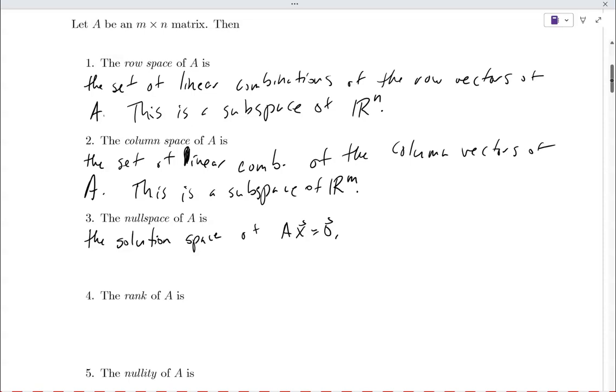Where does this one live? Well, if my A is M by N, what size does your X have to have? N by 1, right? It's a column vector, right? So this is going to be a subspace of Rn.